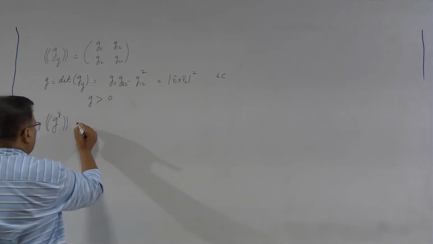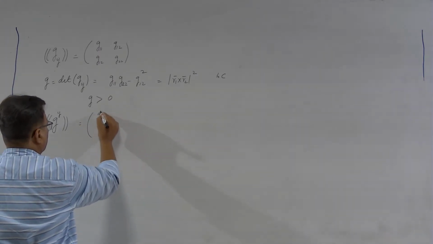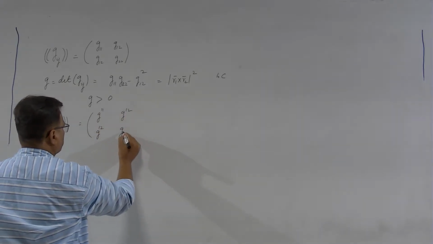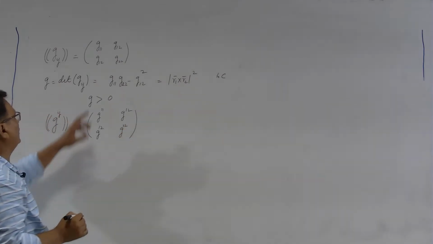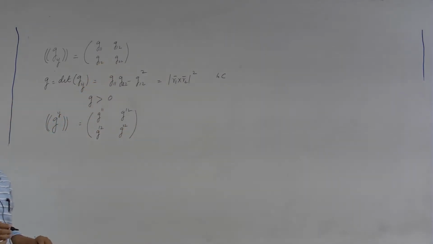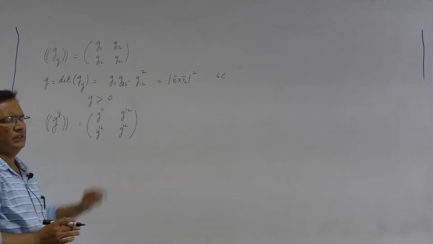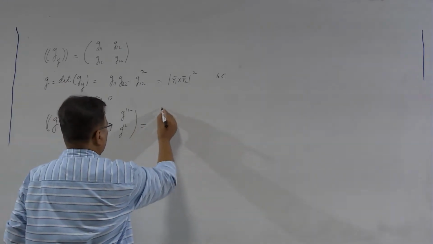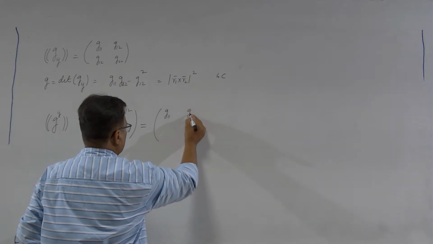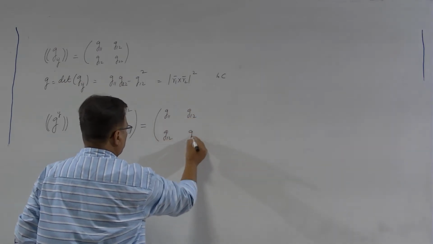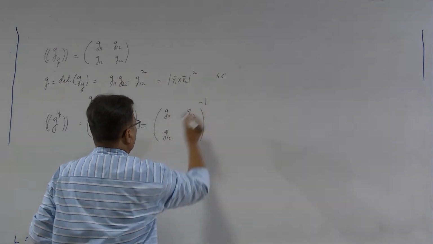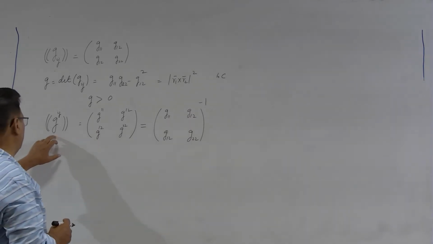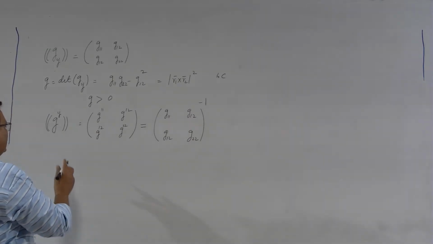This is the matrix which you denote by g^11, g^12, g^12 and g^22. Since g lower 12 and g lower 21 are same, g upper 12 and g upper 21 will also be same, and this matrix by definition is the inverse of the matrix g_11, g_12, g_12, g_22, whole to the power minus 1, meaning the inverse of g lower ij.